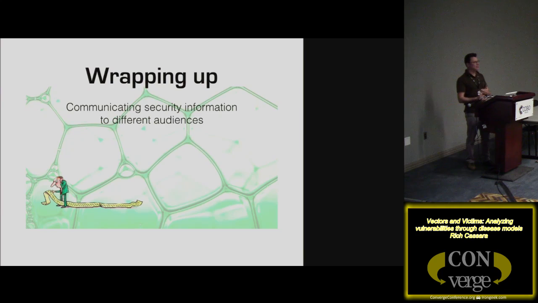If you can communicate to them the way that the problems really affect them, they'll be more likely to fix them and keep them fixed. And being able to communicate that often takes reframing it through a different lens, like talking about disease, because not everybody understands computers or information security, but most people understand what it's like to get sick. So you can kind of map it over onto that, and it's a little easier for them to understand.